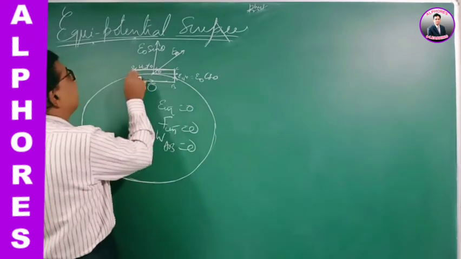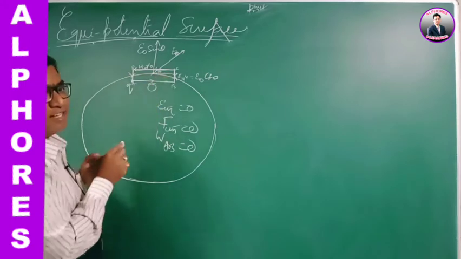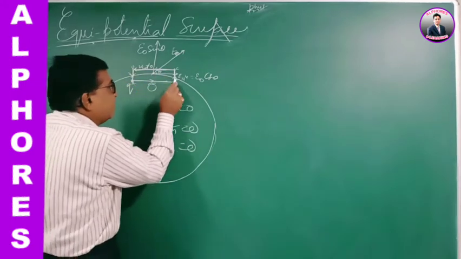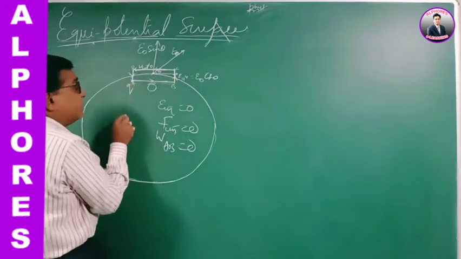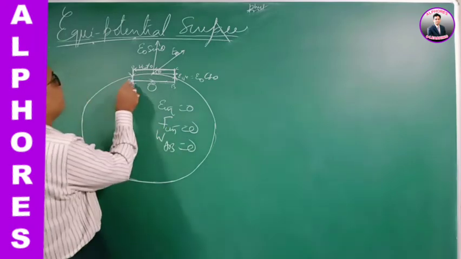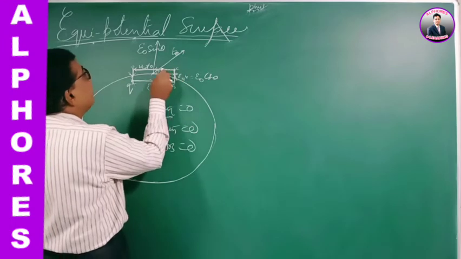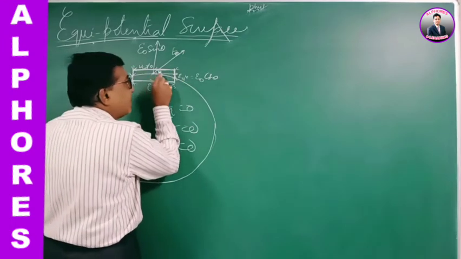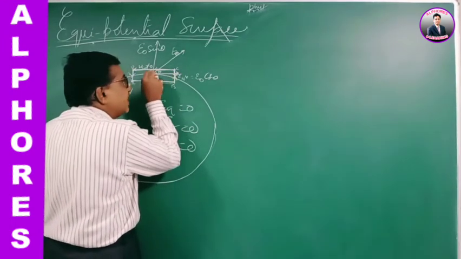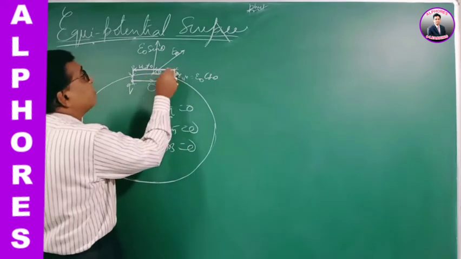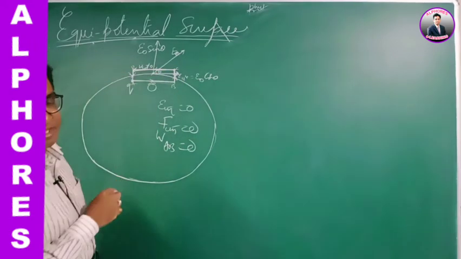If there is a parallel component of electric field on the surface, then there should be some work done in moving from C to D.